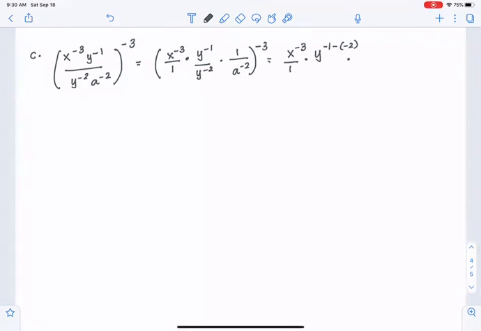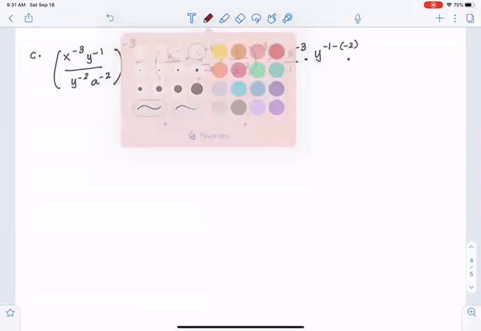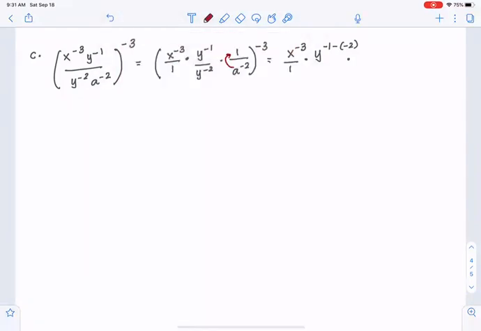Now this problem is sort of weird because I have a negative and then I have a negative outside. So let's just stick to the usual process and see what happens. Of course, there are other ways to do this. So if I move that to the numerator, I'll get a squared. So x raised -3, y raised -1, and -2, or minus of -2, I'll get +1 and a raised 2.